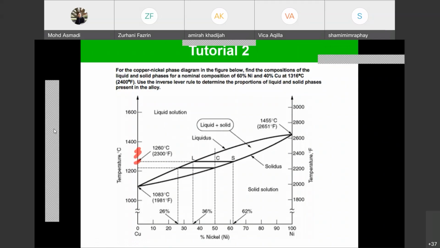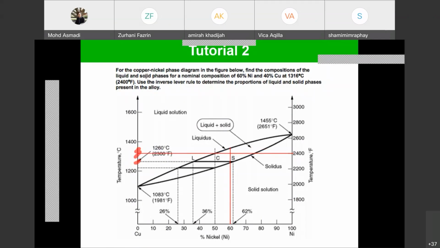It's stated already. And then how many percent? 60% nickel. So this one is also liquid plus alpha.